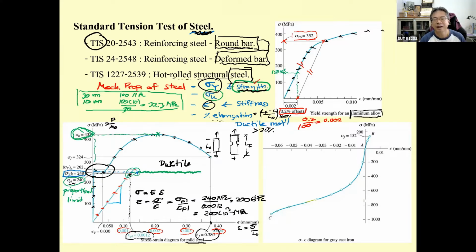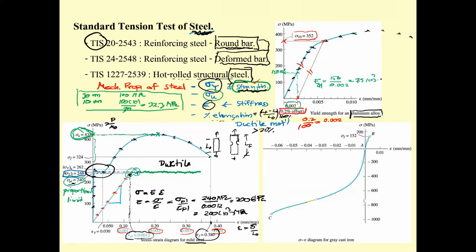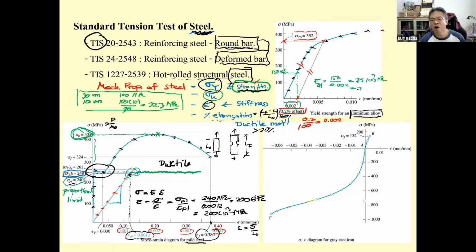And then this one is going to be 0.002. So the E of this aluminum is going to be 150 divided by 0.002. That is going to be 75 times 10 to the power 3 megapascal, or you may get 75 gigapascal.